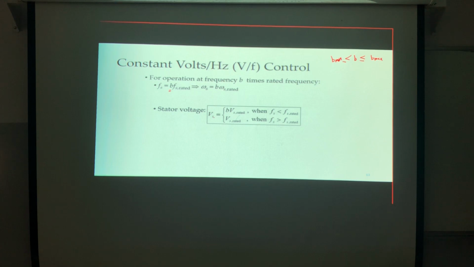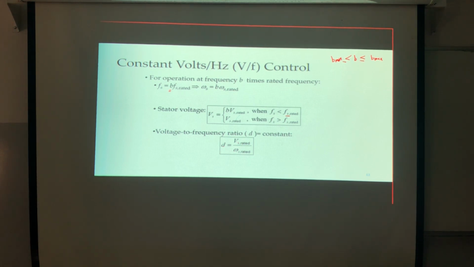Then the stator voltage will follow like this. If the frequency is less than the rated, then I will use Vs rated. If the frequency is above the rated, I'm fixing the voltage, such that the ratio between the voltage and the frequency is kept constant if B is less than or equal to 1.